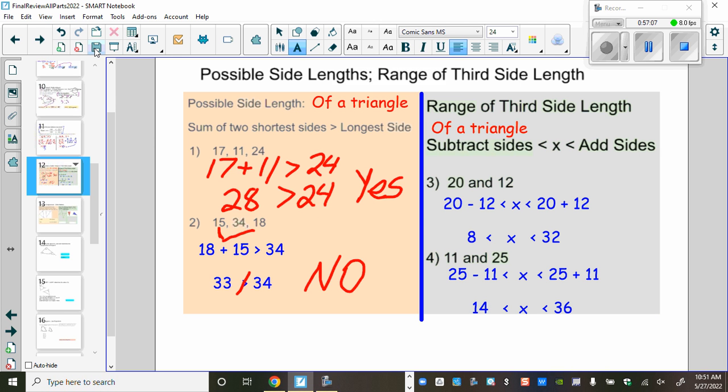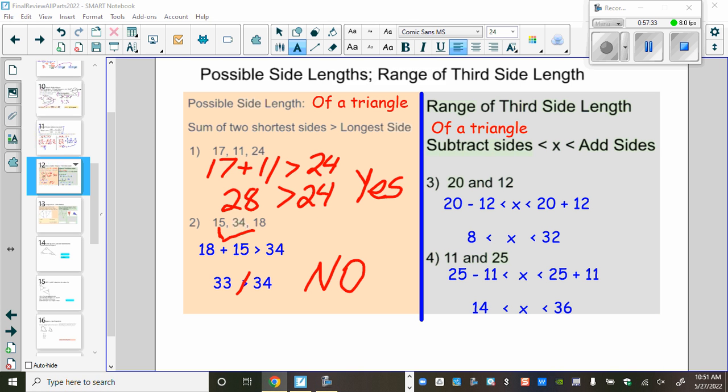We just finished this slide. So all you do, subtract, add. And then just put that less than x less than symbol between. That's all you need to do. Questions? All right.